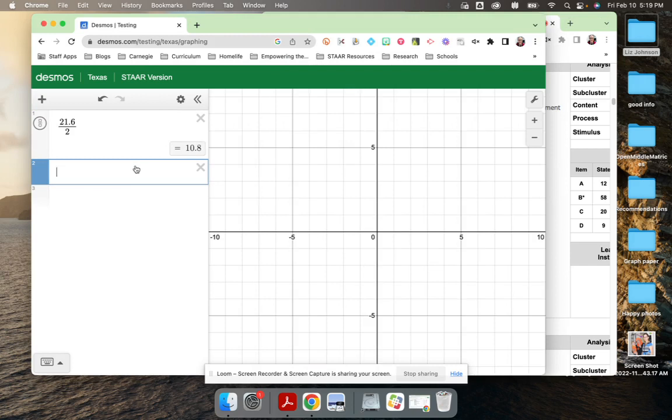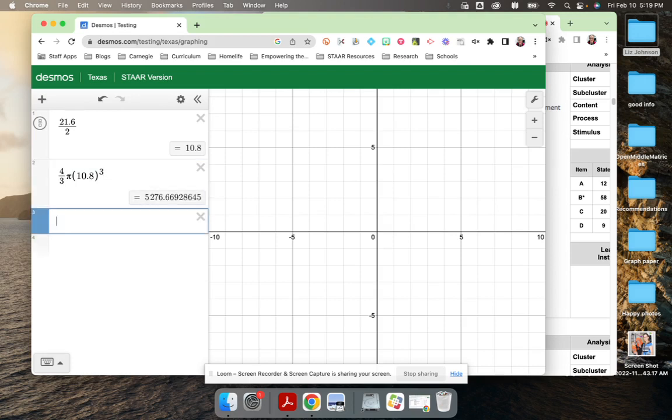I know my formula from my formula chart is 4/3 times pi times my radius cubed. There we go. So there's my volume there, 4/3 pi r cubed. Or if I wanted to use an equation solver, I could actually type v tilde 4/3 pi 10.8 cubed, and then it'll solve for v.